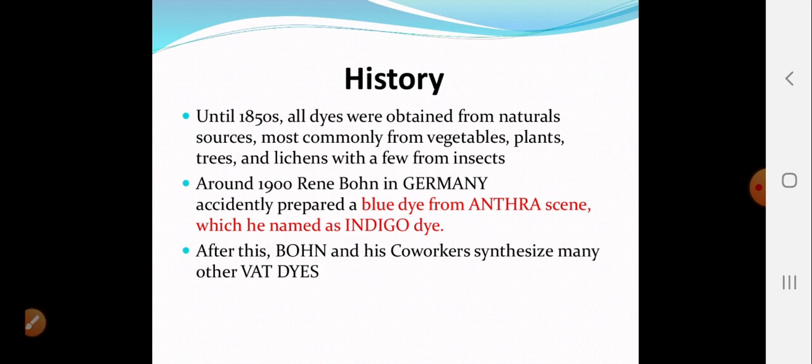Around 1900, Rainish Born in Germany accidentally prepared a blue dye from anthracene, which he named indigo dye. After this, Born and his co-workers synthesized many other vat dyes. Indigo was even available naturally before that, but it was the first dye to be synthesized as well.